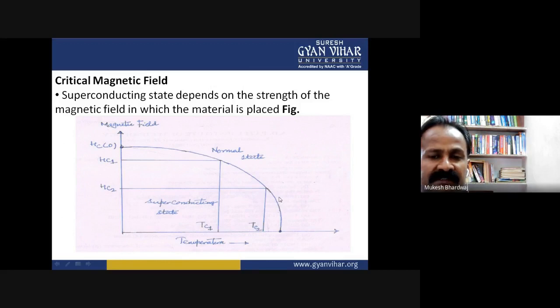As you are seeing, this graph is showing a parabolic view, and if I am talking about Hc1, Tc1, or if I am talking about this point H naught and this last point, so any point Tc, you may call it Tc and this is called Hc.